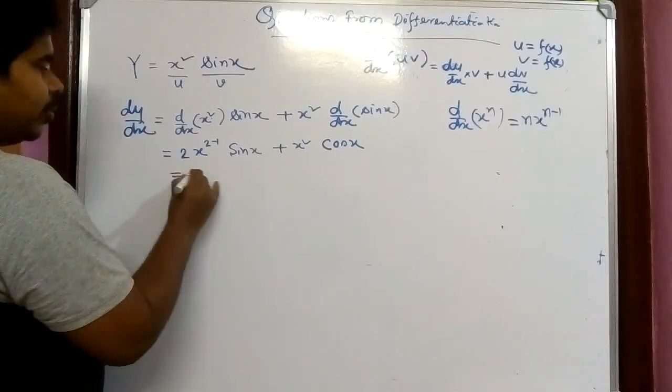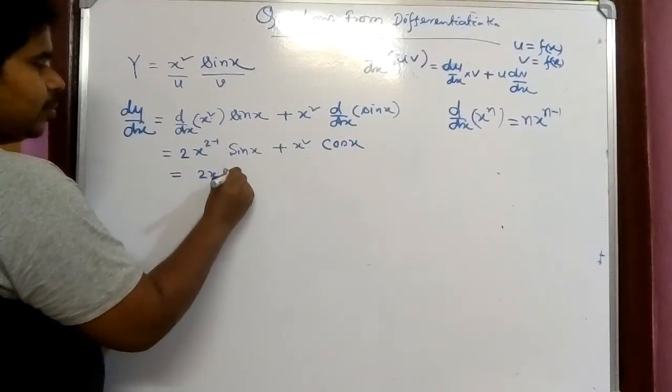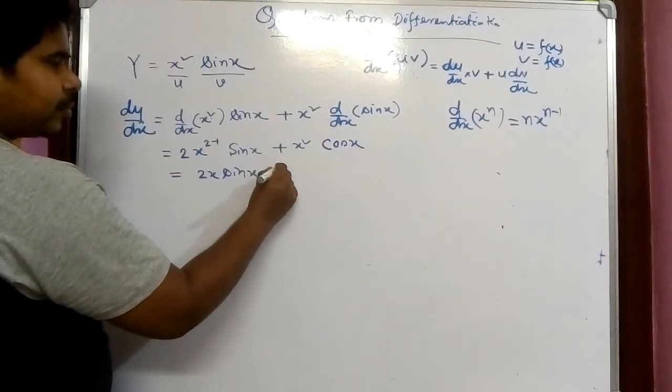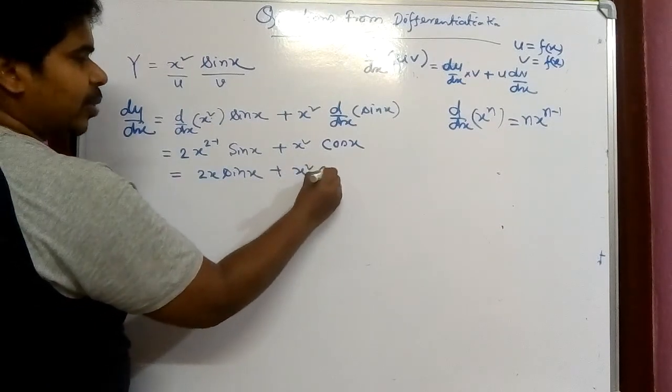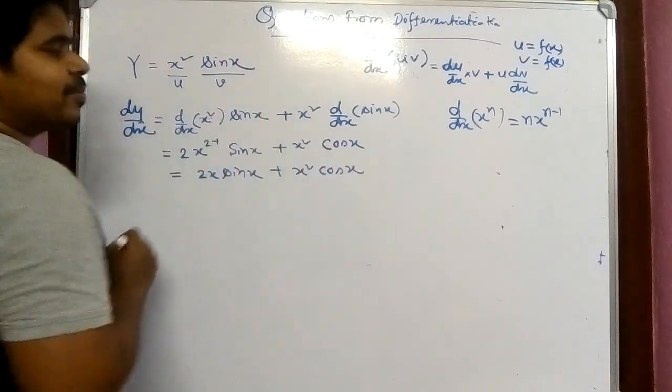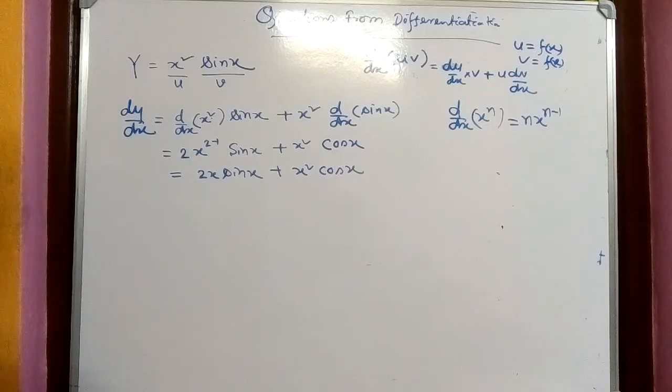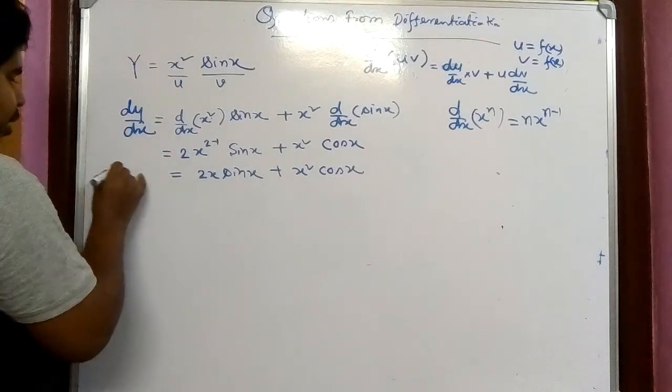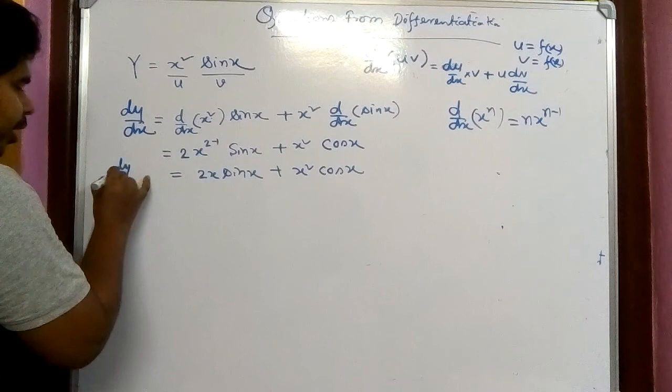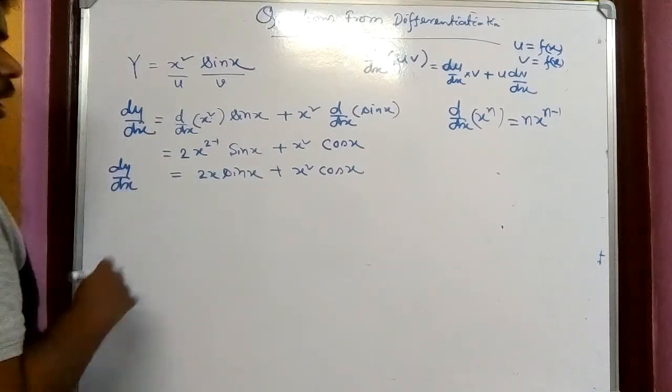Our answer will be 2x sine x plus x square cos x. It's a very easy thing. So that is our result, that is dy by dx.